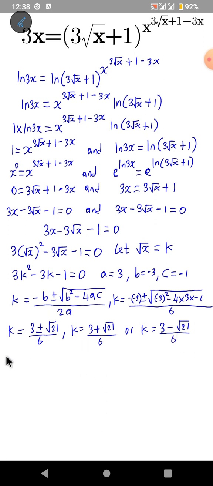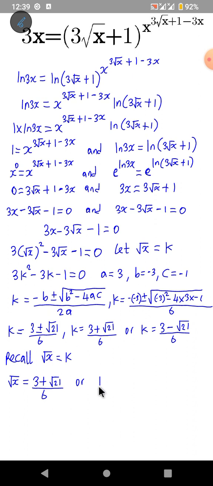I'll say recall the square root of x is equal to k. So anywhere I see k, I'll replace it with what? The square root of x. So this is k, so here will become the square root of x equal to 3 plus the square root of 21 all over 6, or this is k, and k is the same thing as the square root of x.